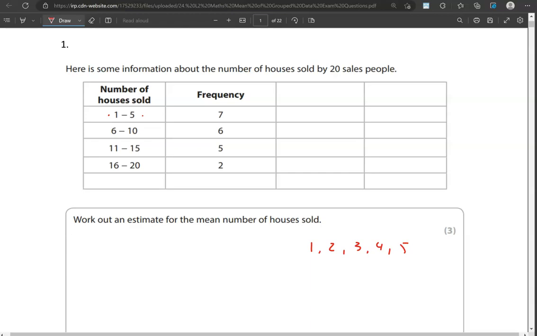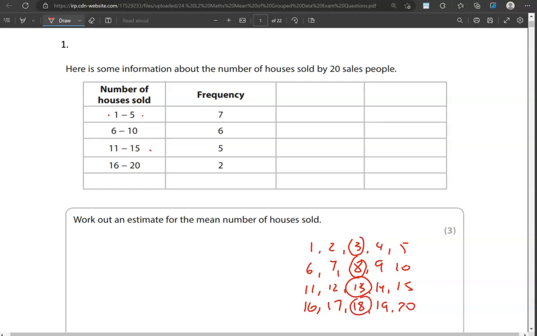As we don't know the exact number, we're working out an estimate of the mean. So we pick a midpoint, and that is 3 in this case. For 6, 7, 8, 9, and 10, that is 8. For this group here, 11 to 15, that is 13. 16 to 20, that is 18.